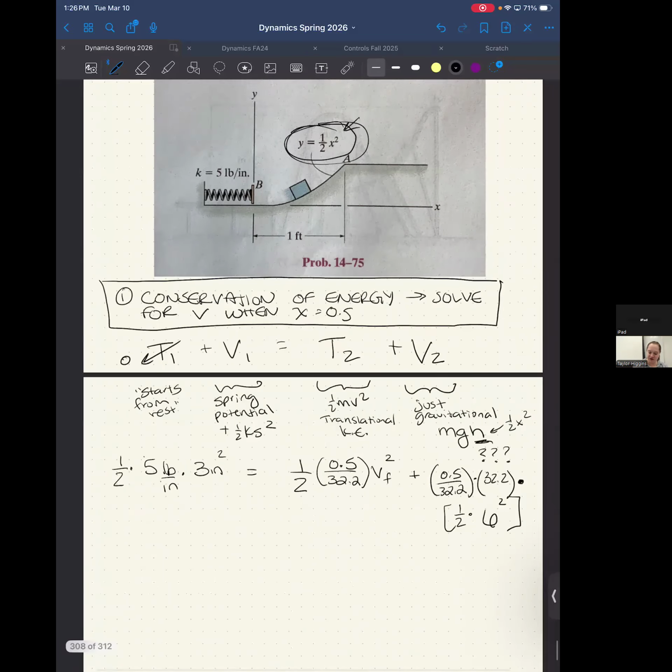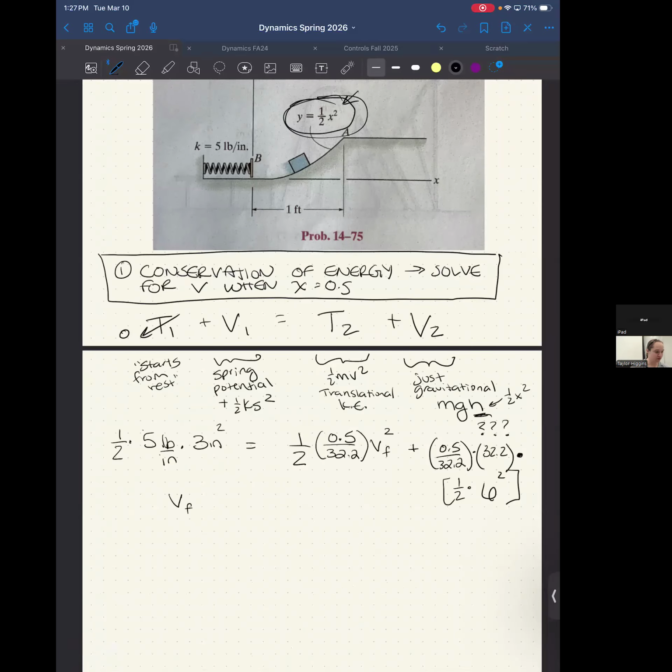Okay, so what do we get for the final velocity? Did you change to the 6 inches instead of the 0.5 feet? So, okay. Hold on, let me double check something.